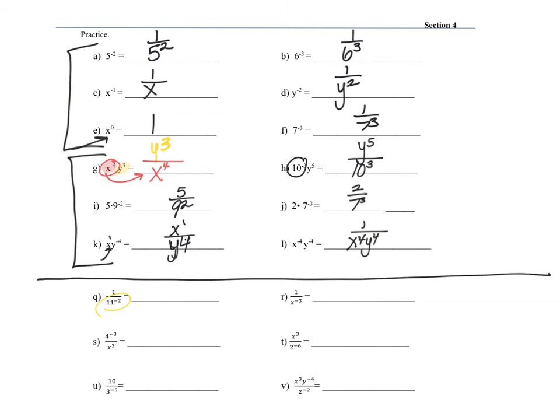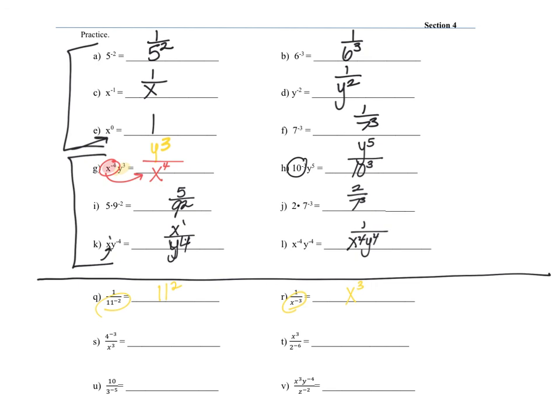So because you have a negative exponent, it's got to go. Well, where's it going to go? It's downstairs right now, so it's going to go upstairs. So it's just going to come upstairs, and you make it positive. Okay, letter R. This one is negative. It's downstairs, and so it's got to go upstairs.